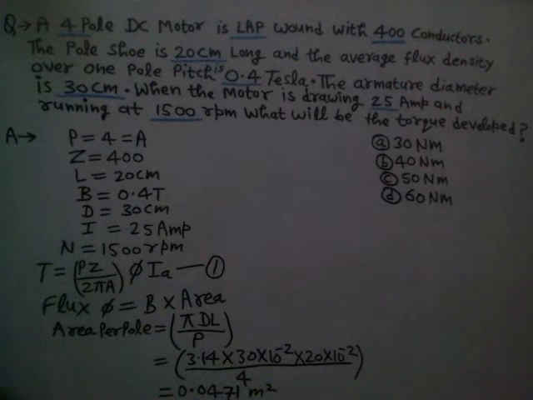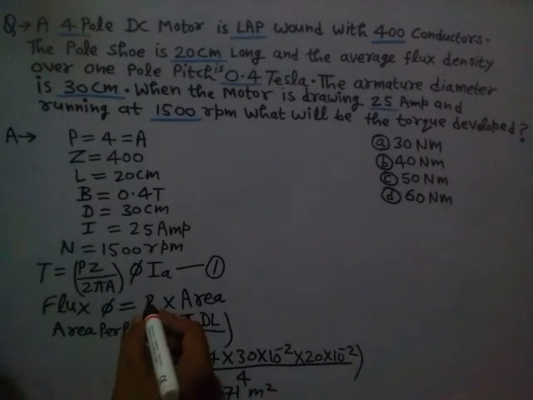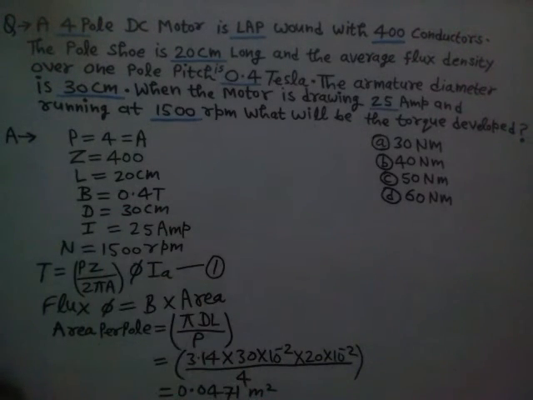So now I can easily find out the flux because I have calculated the area. So flux will be flux density B, that is 0.4 Tesla, right? And area is 0.0471, just now we have calculated, right?